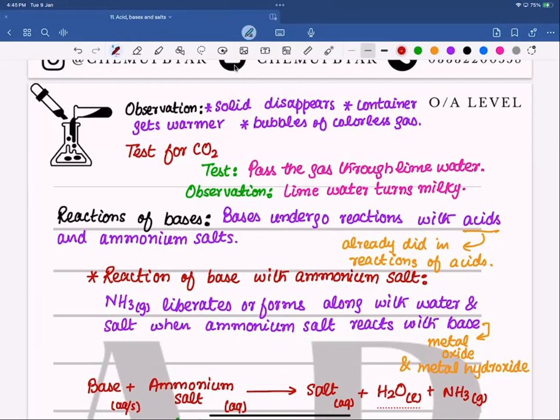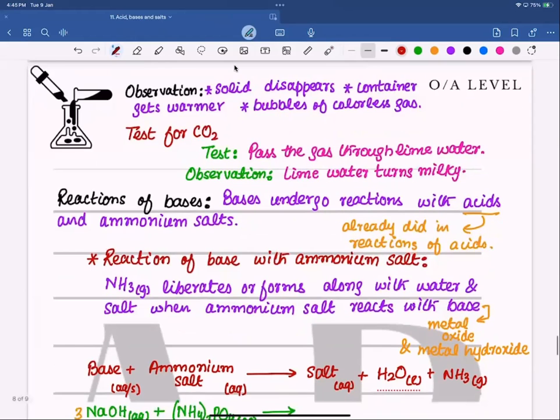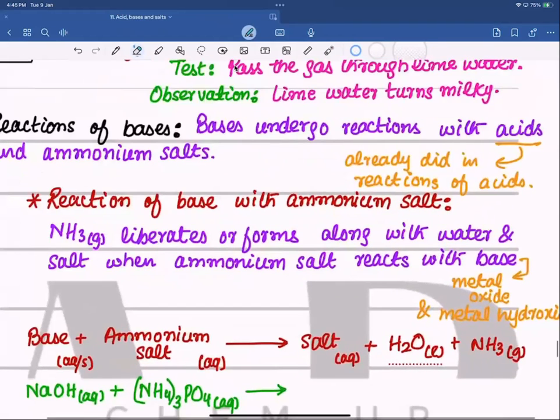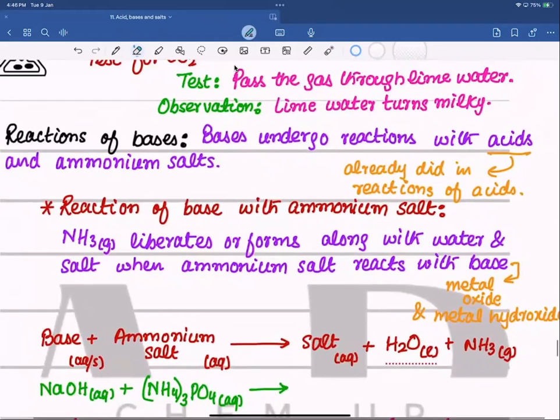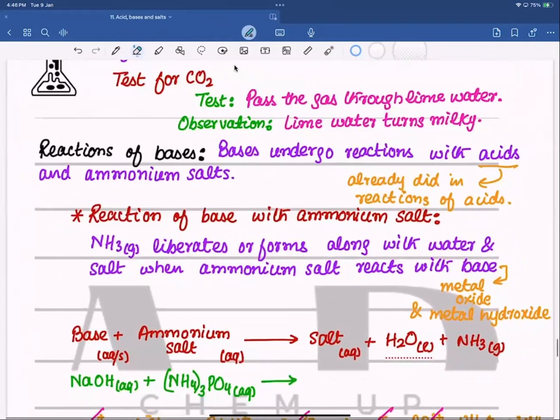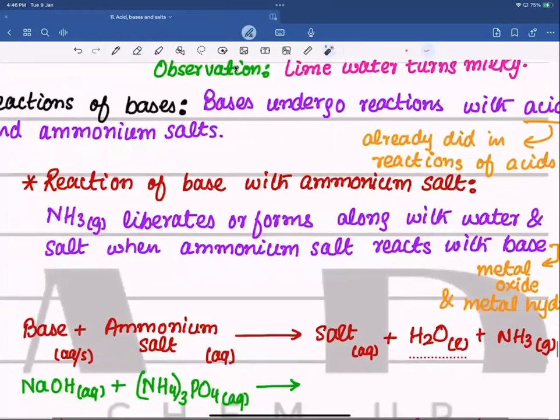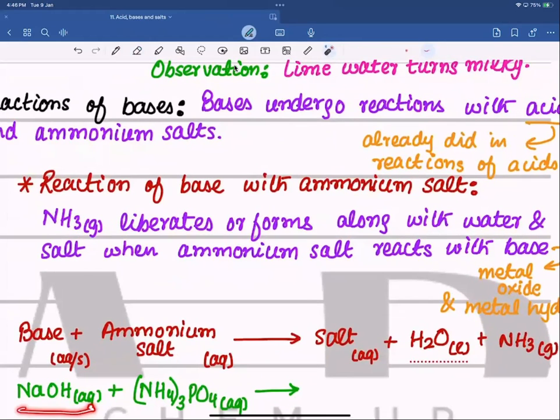Is everybody done till here? So if you look over here, this is a base, a metal hydroxide, and it is reacting with an ammonium salt. As we discussed earlier, what are we going to get?